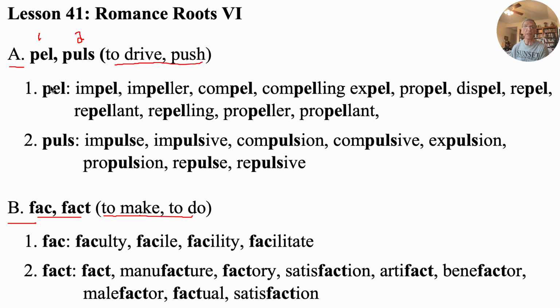Let's dive in. Number 1, we have P-E-L, pel. The Latin root here means to drive or to push. So let's see how this works out in some words. We have impel. You can see the chameleon prefix right there.